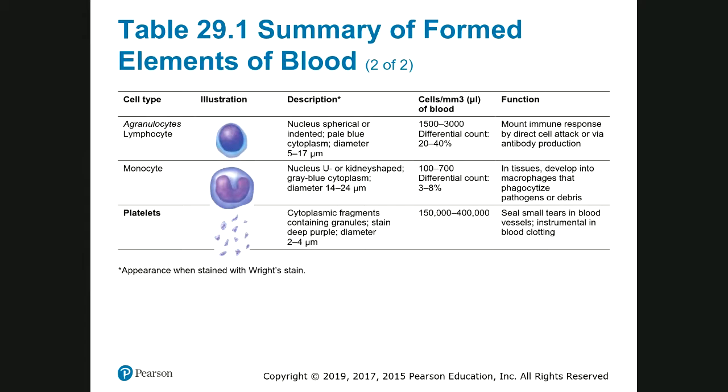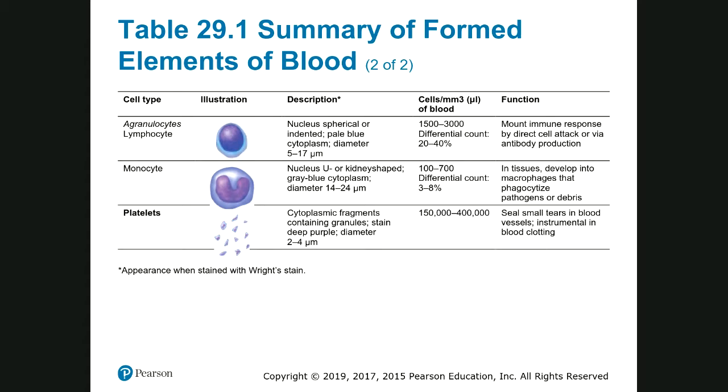They play a role in the immune response, and they either attack the cell directly or via production of antibodies. We will talk about them when we study the immune response, the lymphocytes B and T.